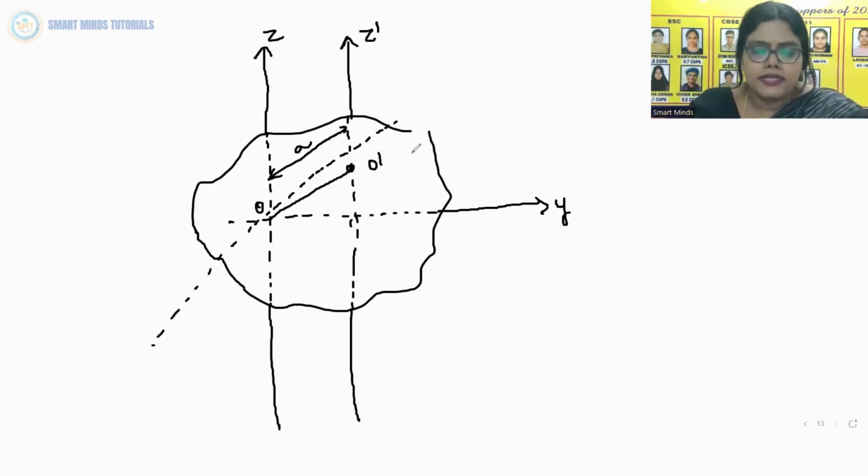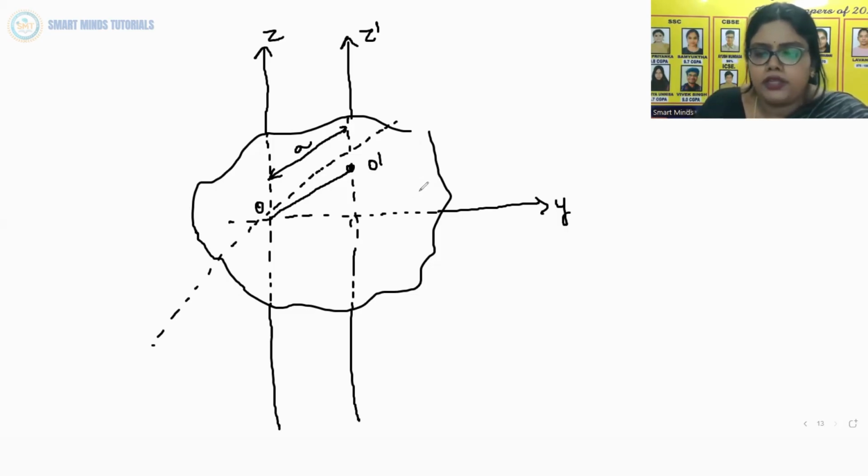The z and z dash axes are two parallel axes separated by a distance a. O is the center of mass of the body. As you can see in the figure, the z axis passes through the center of mass O of the rigid body.